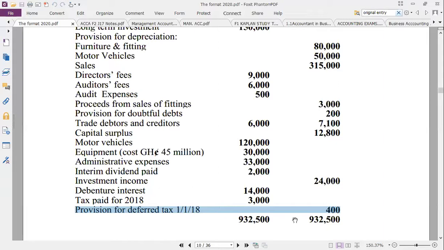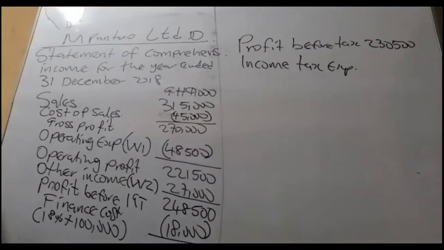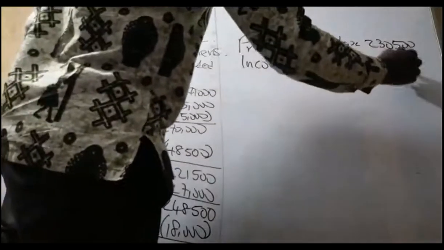And then we look at the types. We said non-current liabilities. We gave examples of non-current liabilities, and deferred tax was part. So this is a non-current liability. Good. So you are going to pick this 3,000 as the income tax expense.